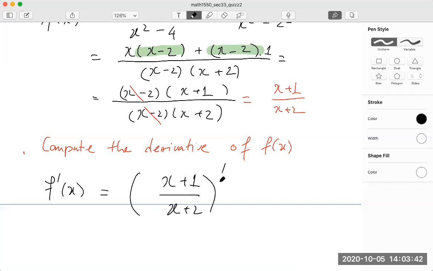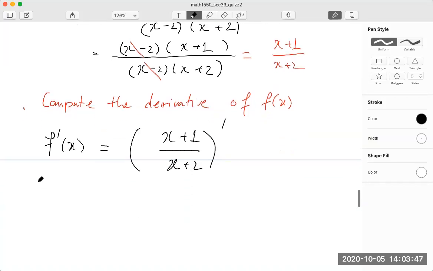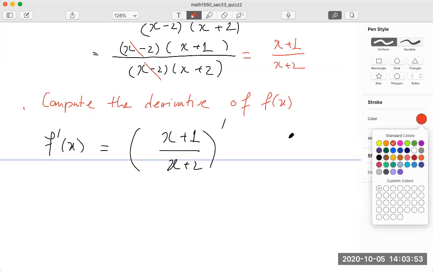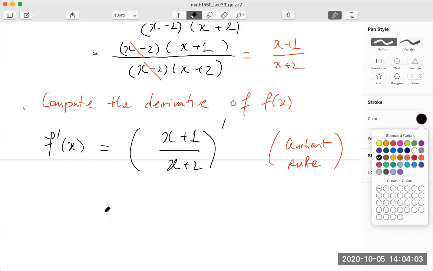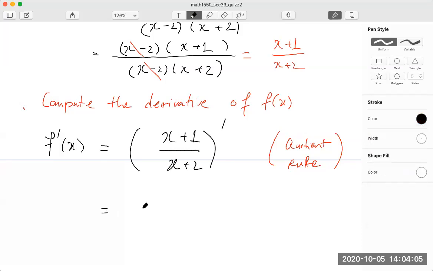Okay. Now, remember, which formula should we use? Quotient rule, very good. So it means that it will be what is it?